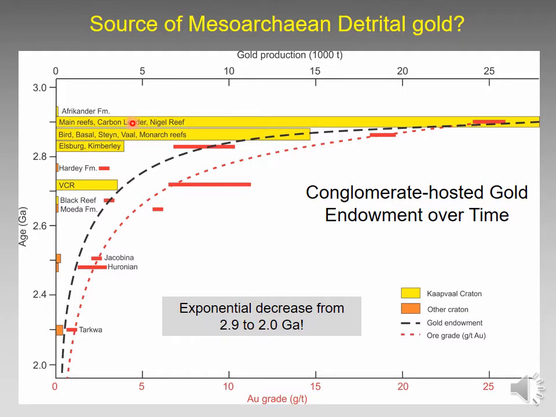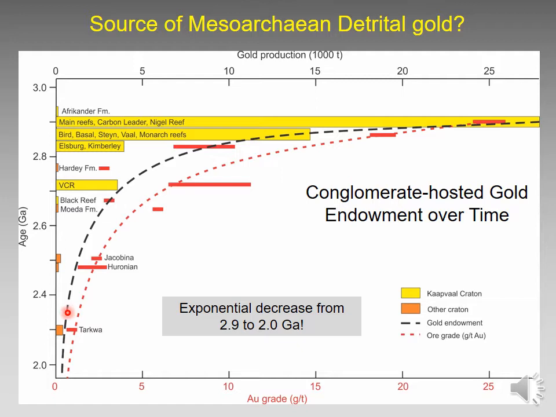Here in the Witwatersrand, these are the main reefs, the Carbon Leader, the Nigel reefs, all those very rich ore bodies at the bottom of the Central Rand Group. And then, as the age becomes younger and younger, the gold endowment becomes less and less. So in a sense, the black stippled line illustrates an exponential decrease in the overall gold endowment of these conglomerates with time.